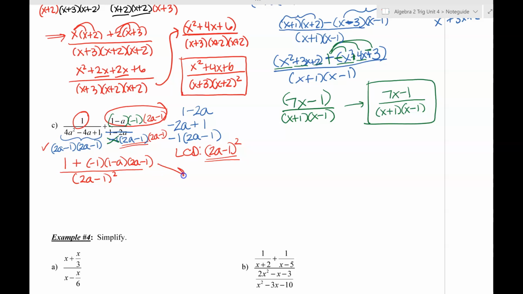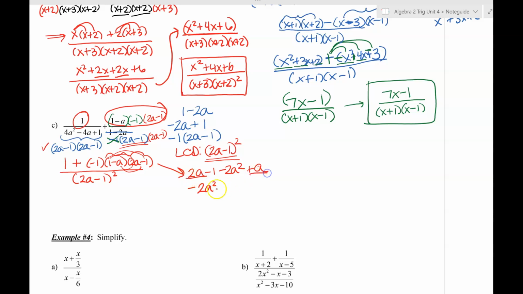Now, this multiplication problem, I would start with multiplying these two binomials together. So 1 times 2a, 1 times negative 1. Negative a times 2a, and negative a times negative 1. And I'm going to write them in standard form, that order that we're used to seeing.